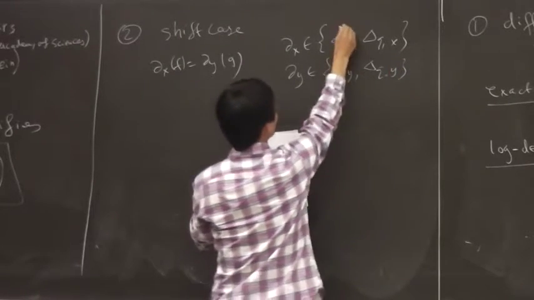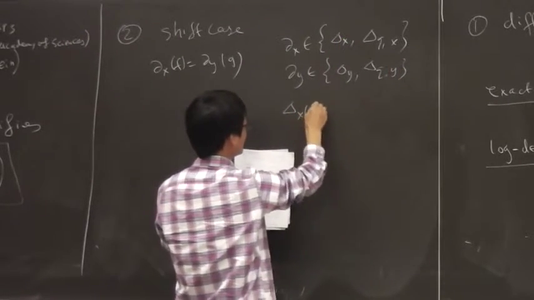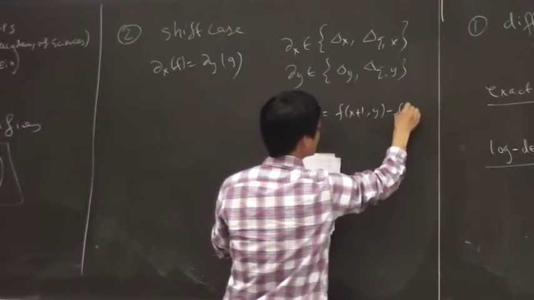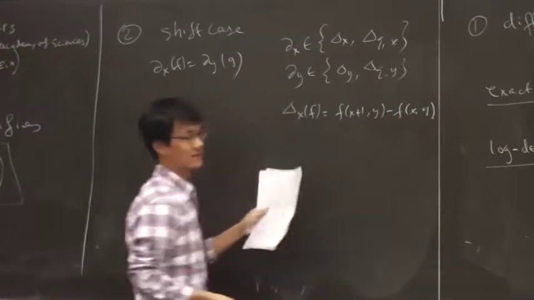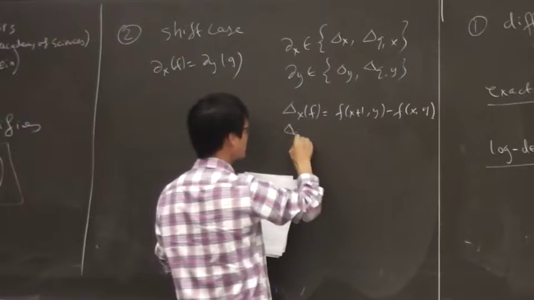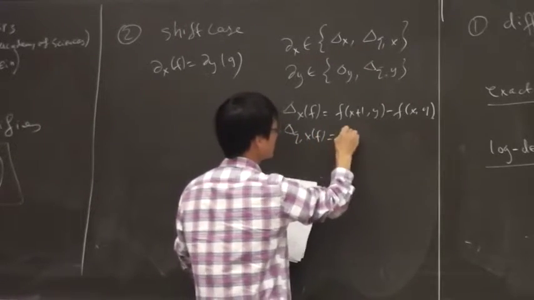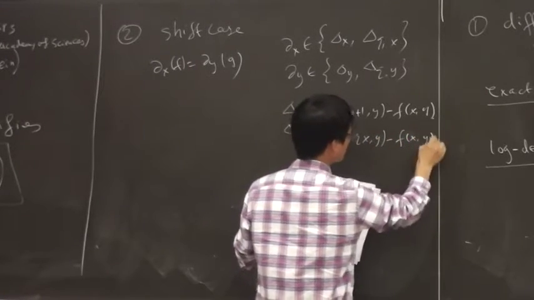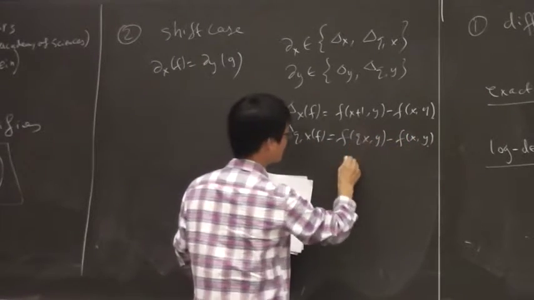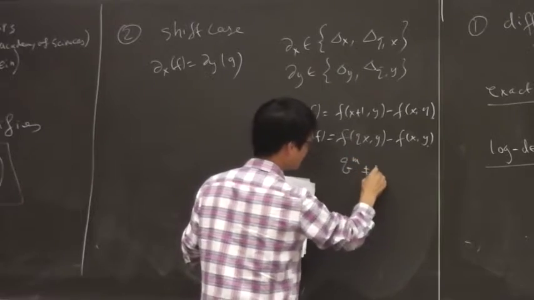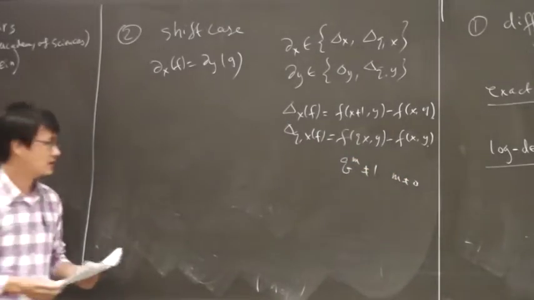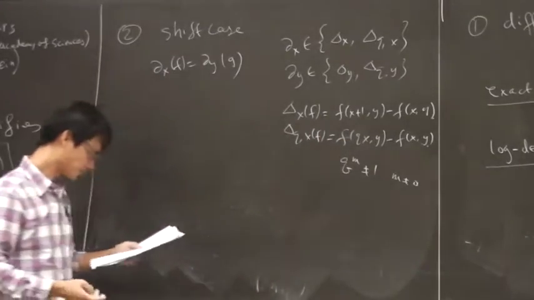Maybe I need to remind you: it's just the usual difference operator. And the Q case, we do the Q shift, where Q is not a root of unity and not another integer.